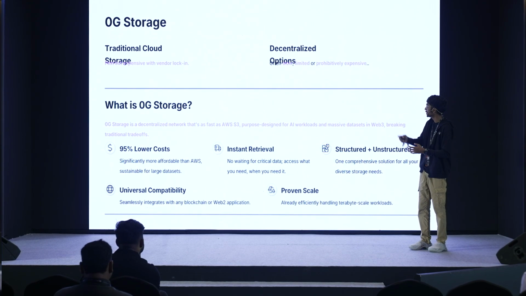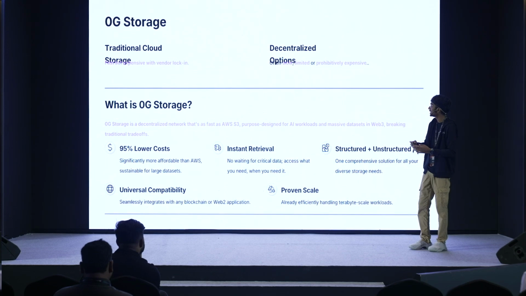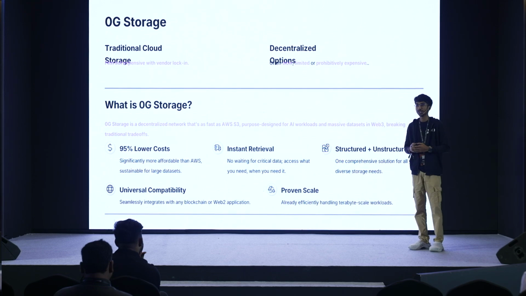The problem we face is with traditional cloud storage and other decentralized options. With traditional cloud storage, you are locked into a cloud provider, whereas other decentralized options aren't built in the way that is needed to bring AI on chain. So what is needed with AI?